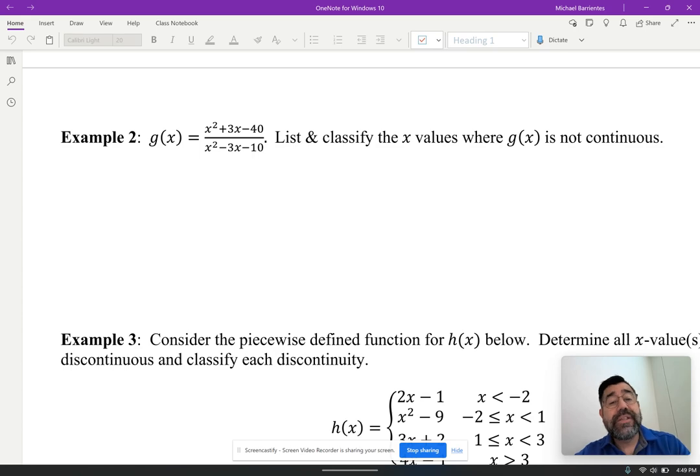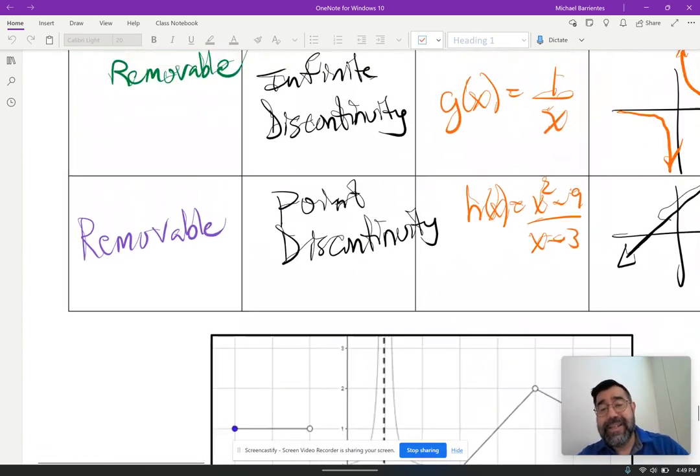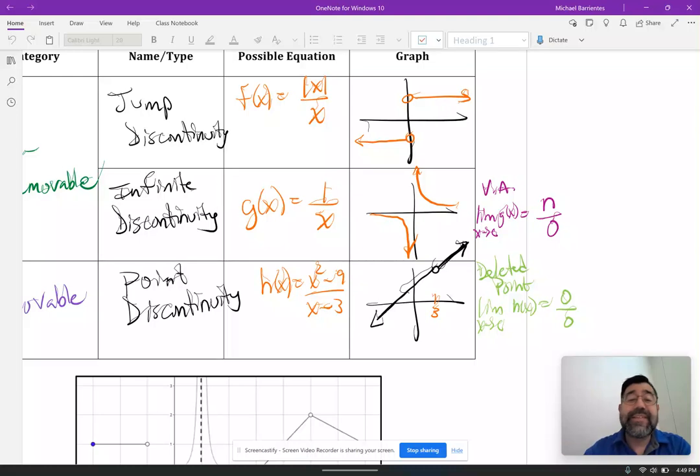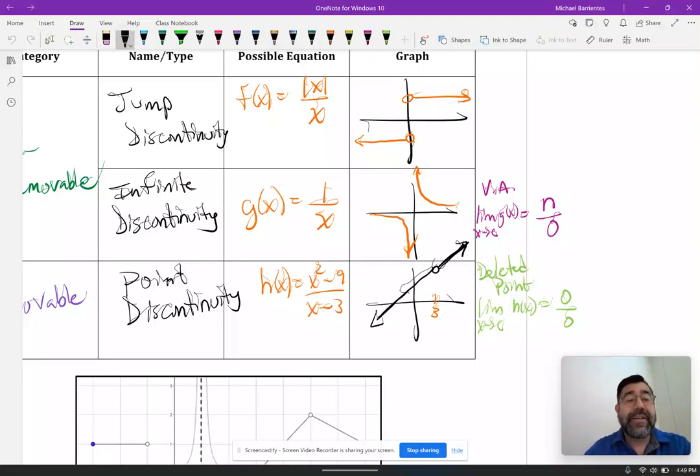I also alluded in the notes we wrote down in the last video that if you do direct substitution and you get a number over zero, then that's going to be a vertical asymptote.